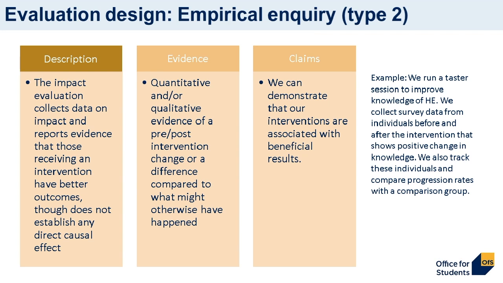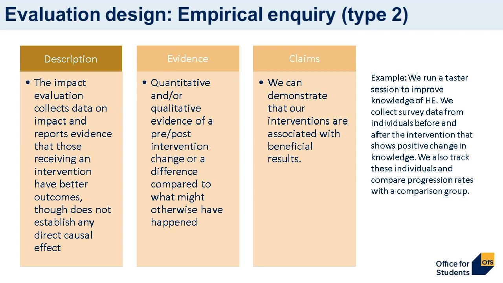And in this example that I've included, the provider is collecting survey data that shows participants have increased knowledge after an activity compared to when they were tested before. They also track these participants to see whether they end up in higher education and compare their destinations to a similar group who didn't receive the intervention. So in this example, they can demonstrate that their interventions are associated with beneficial results.